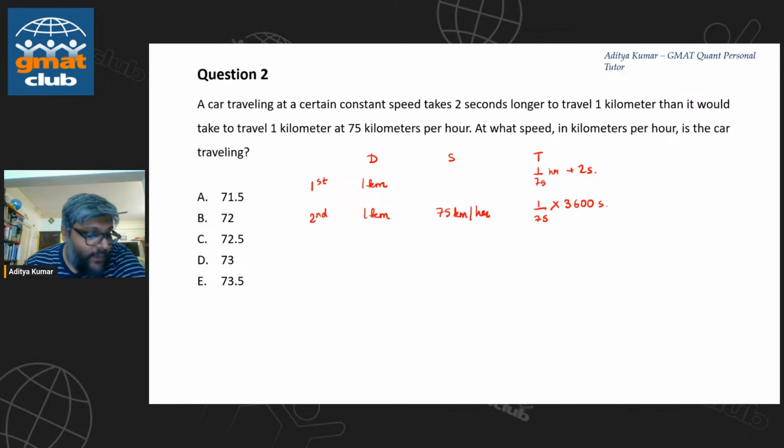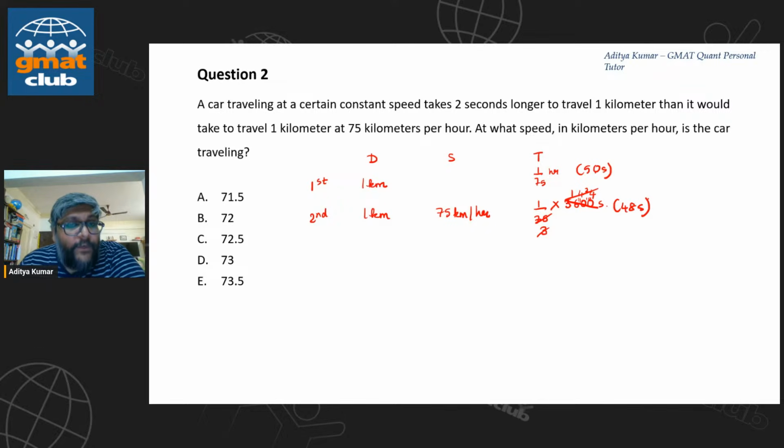I'll simplify that. 25 ones are 25, 25 fours are 100, 3 fours are 12, 3 eights are 24. So that's 48 seconds. So this boils down to 48 seconds once I make the conversions. And they are telling me that the first scenario takes 2 seconds longer, so this should be 50 seconds.